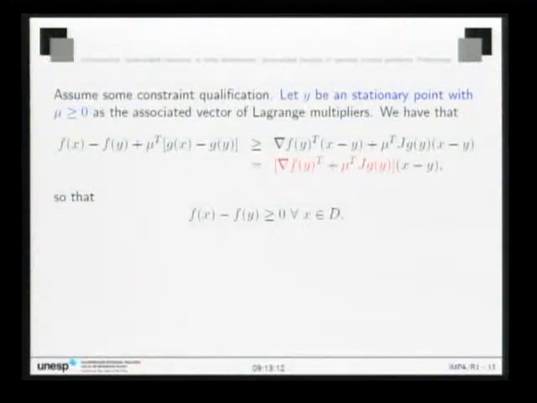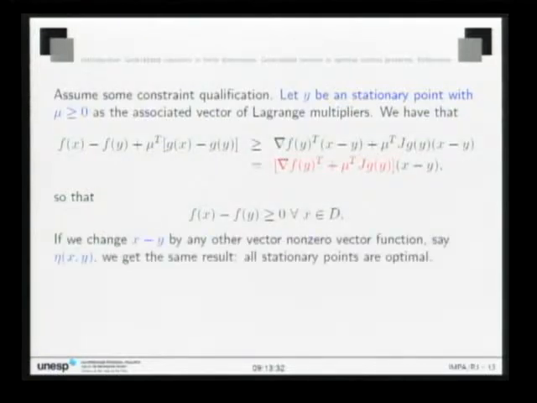Then we use the fact that these functions f and g are convex, and we get this inequality. We can arrange terms here and have this. And if y is a stationary point, this is 0. You can easily get that f of x is greater or equal to f of y for all x in D as well. We have the same property if this mathematical programming problem is invex, because all the functions are invex, then all stationary points are optimal.